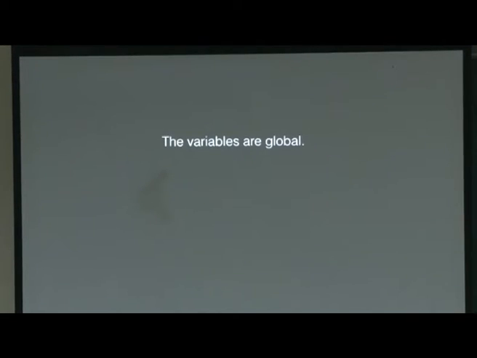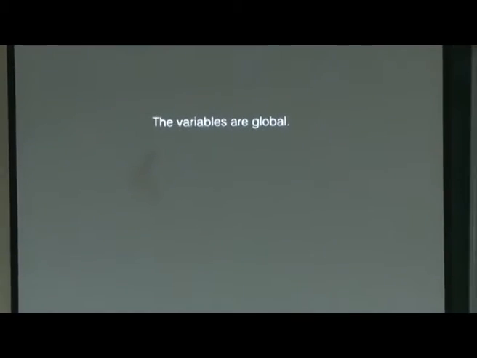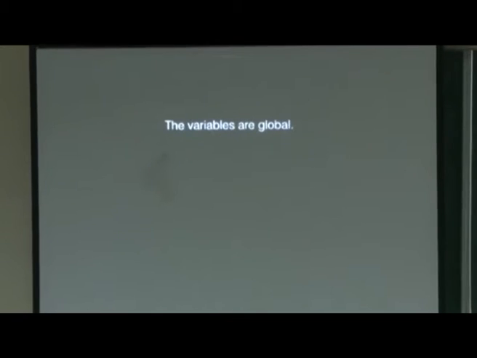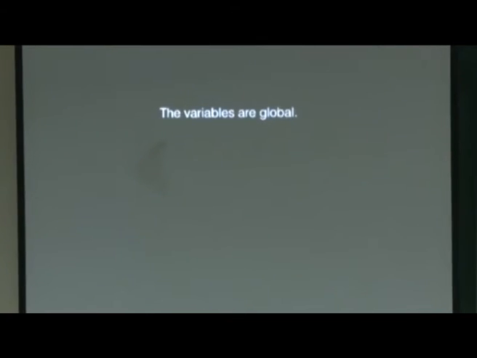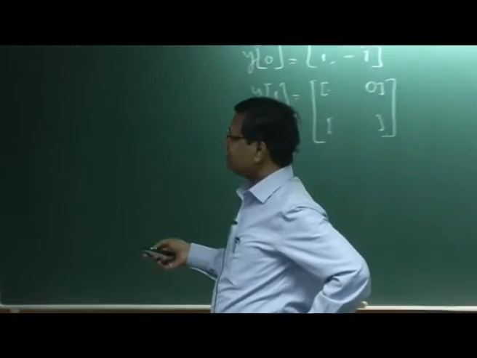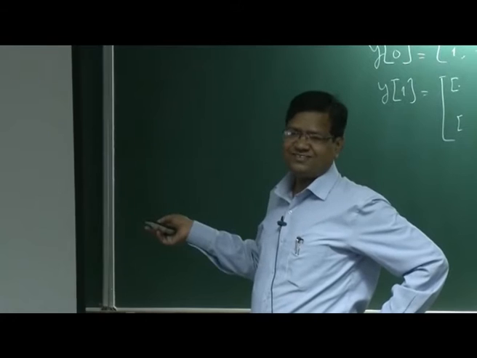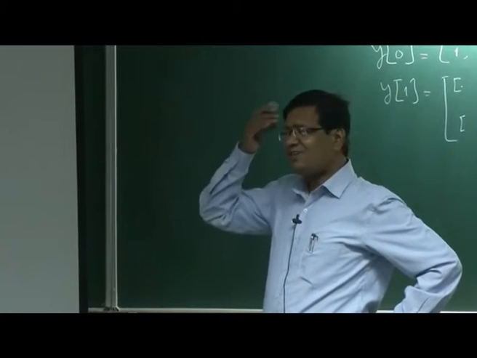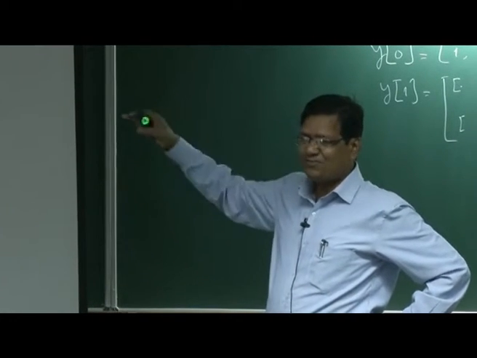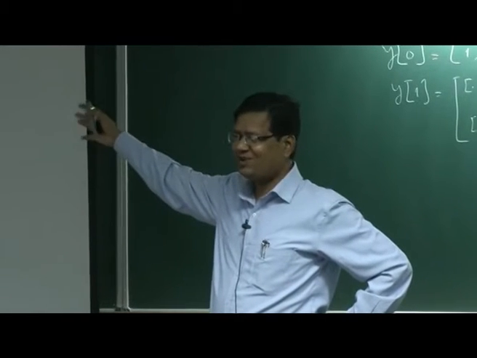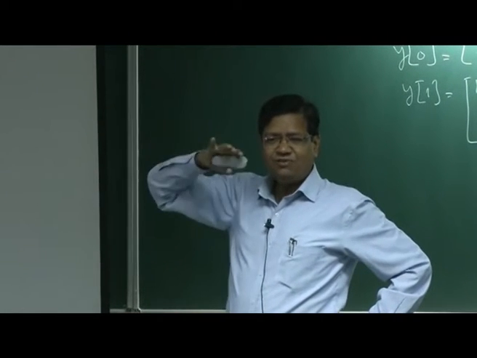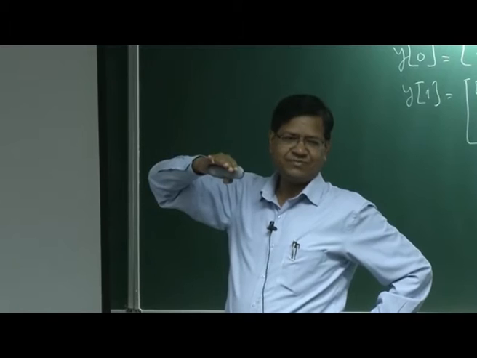The variables are global. That means they can be accessed by any line or any set of program within that file. So this is useful as well as dangerous. Right now I am doing examples where I use x, y, a, b, but you should give specific names.